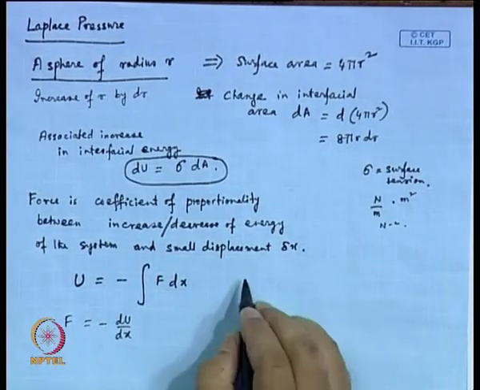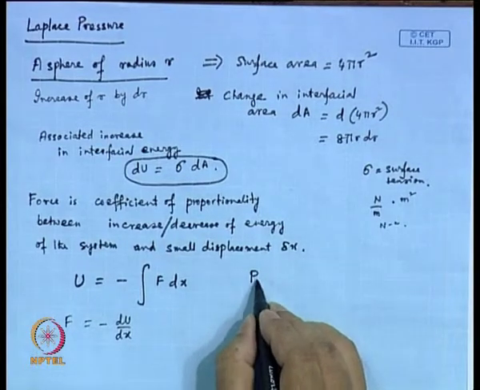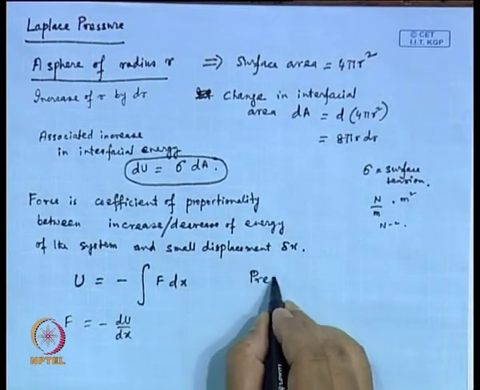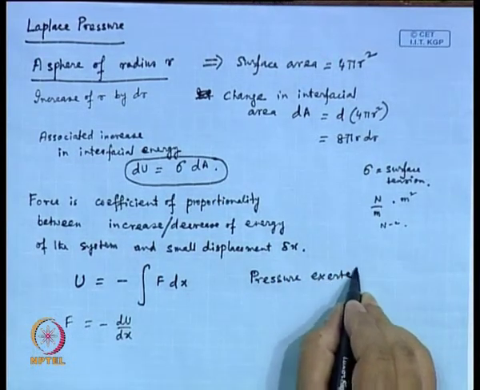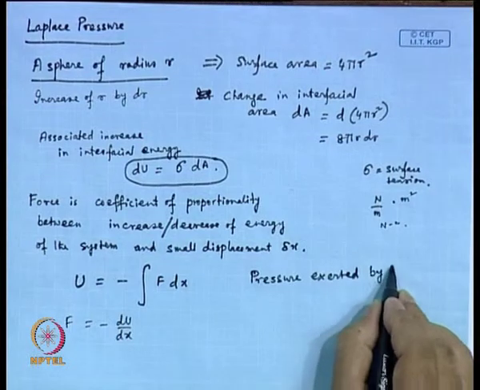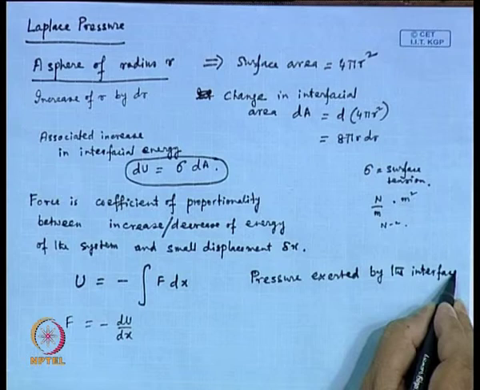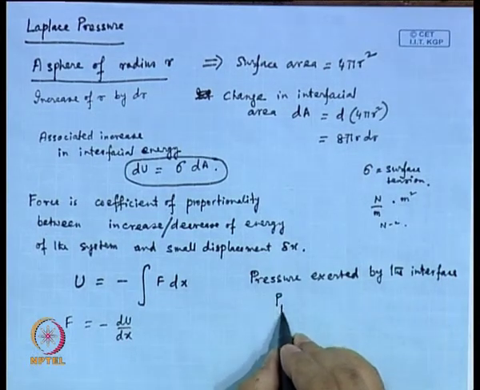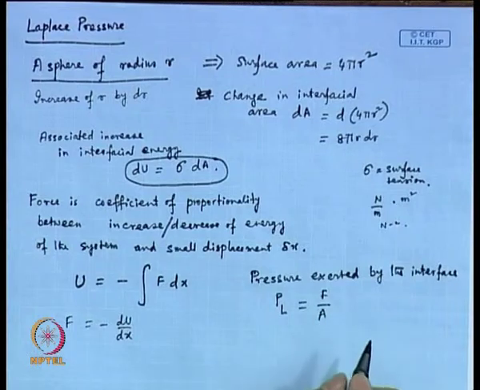The pressure exerted by the interface, we call this say PL, is equal to force divided by area.